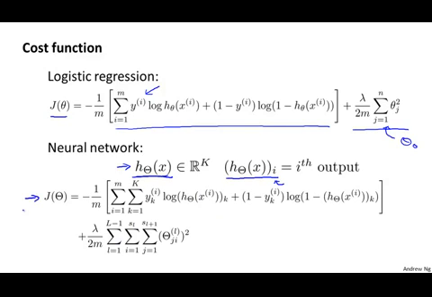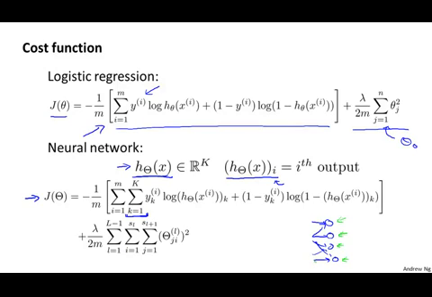My cost function J of theta is now going to be the following: minus 1 over m of a sum of a similar term to what we had for logistic regression, except that we have this sum from k equals 1 through K. This summation is basically a sum over my K output units. So if I have 4 output units, that is if the final layer of my neural network has 4 output units, then this is a sum from k equals 1 through 4 of basically the logistic regression algorithm's cost function, but summing that cost function over each of my 4 output units in turn.